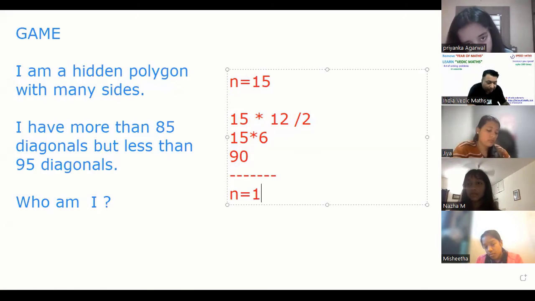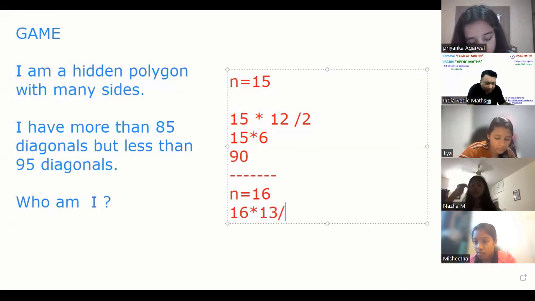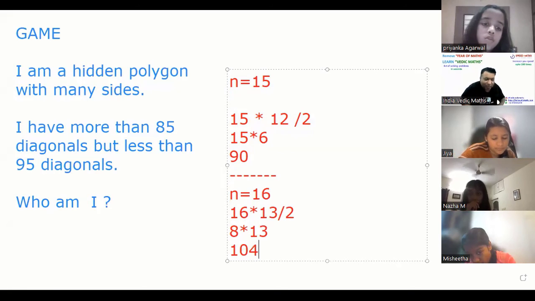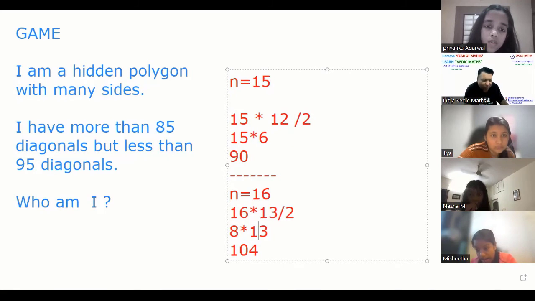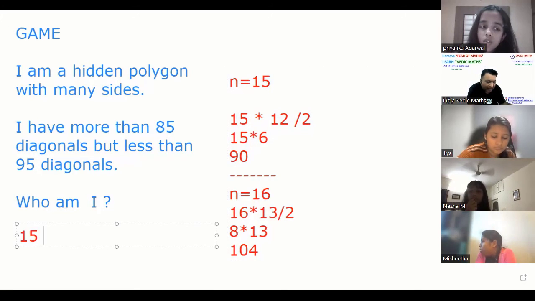Let's try n equal to 16: 16 times (16 minus 3) by 2, so 8 times 13, which is 104. So no. This is the only figure where the diagonals are between 85 and 95. The answer is a 15-sided polygon. Mayank, got it?